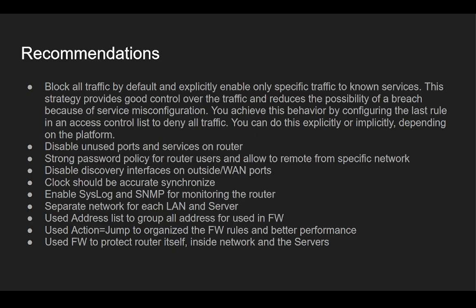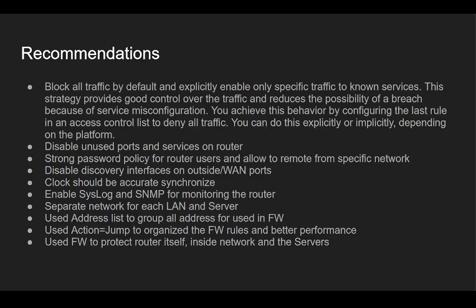Interesting, for example, is when you disable neighbor discovery protocols. All of these kinds of protocols, layer 2, layer 3, it is interesting to disable. For example, Cisco has proprietary discovery protocols, and MikroTik also has.